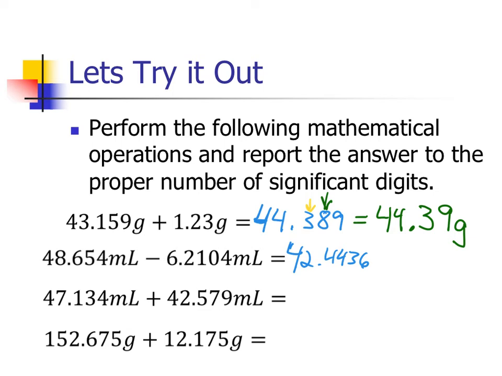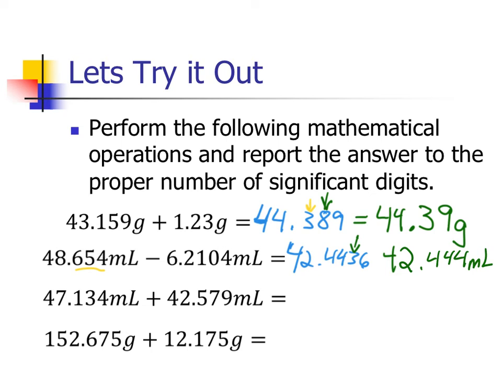The one with the least number after is 3. So my answer then needs to be rounded to 3. So I need to round that 3 to a, excellent, 4. And I'm going to write, unfortunately, that wrong. Okay. Milliliters.